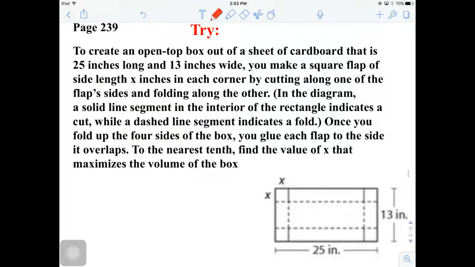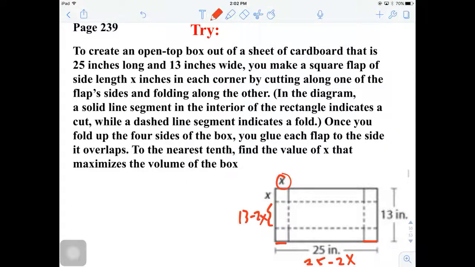Hopefully you've had a chance to try the problem, and you should have used Desmos to help you obtain your polynomial function to get the maximum. Here the new length should be 25 minus the 2 edges, so 25 minus 2x. The width should also be 13 minus 2x, correct? And the height should still be x.